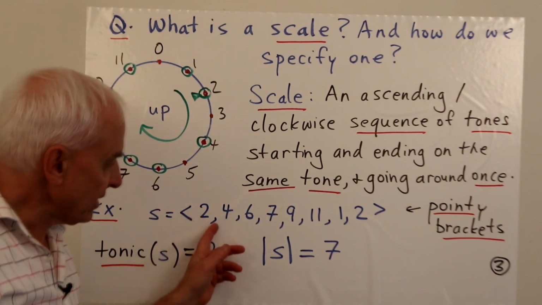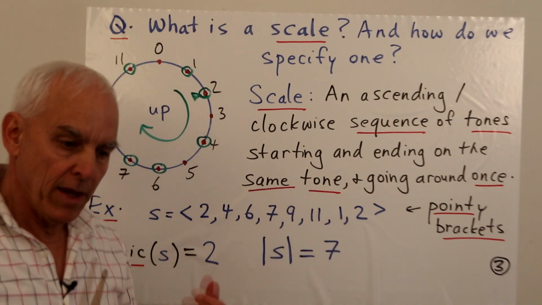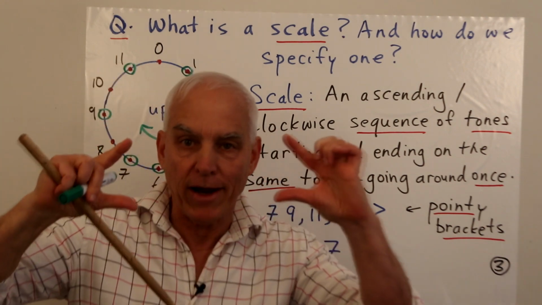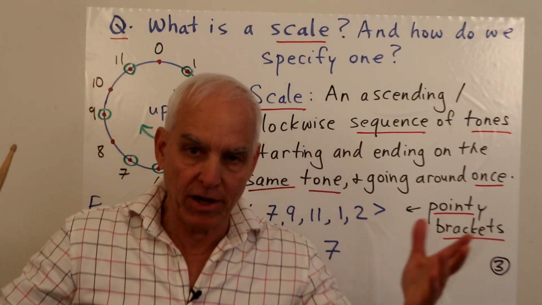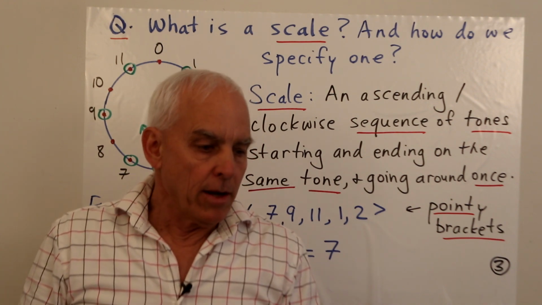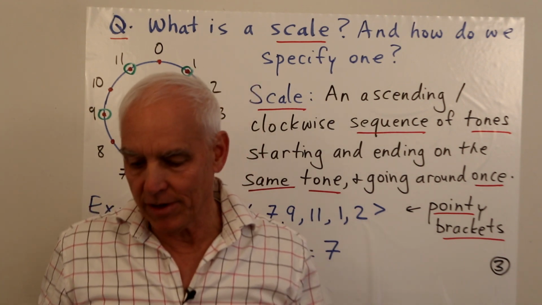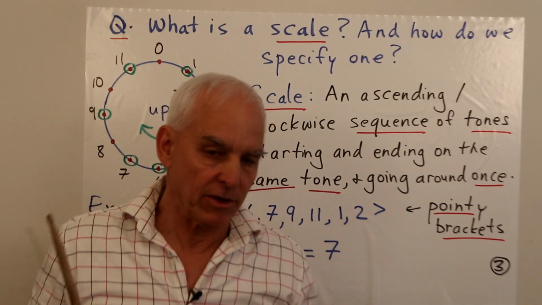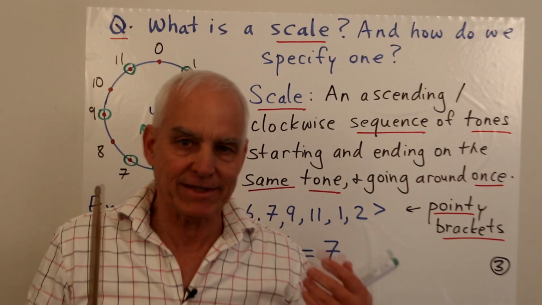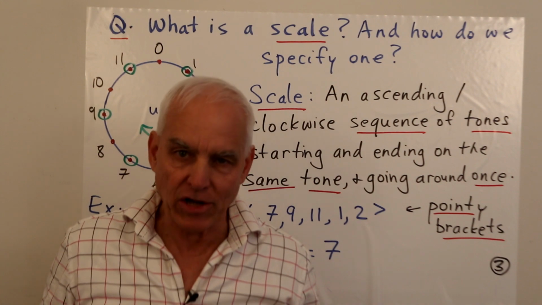Now notice that this sequence of tones that begins and ends with 2 is enclosed in pointy brackets. So that's just an arbitrary convention that I'm making here. Now, I don't know what kind of terminology exactly is out there in the musical world. I've been playing instruments for decades, but I haven't really seen any consistent notation in this direction.